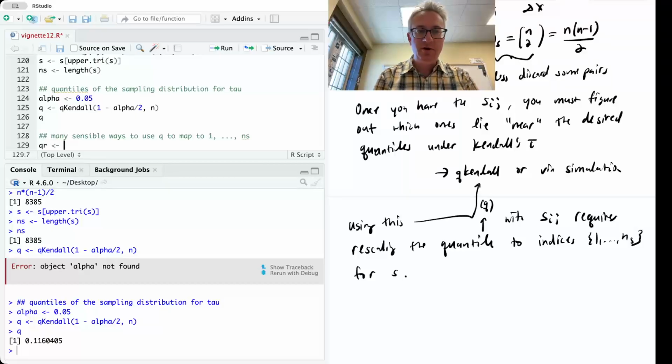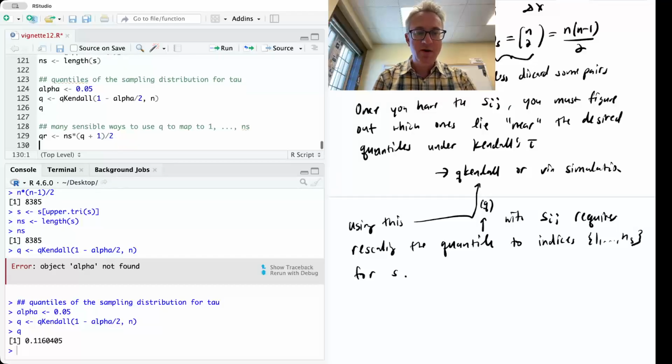The large index, the right one, I get by taking ns and multiplying it by the quantile, but I'm going to add 1 and divide by 2 because my q's go from plus or minus 1, but my indices are only positive. So I'm shifting it up and dividing by 2 to get the right one, and then the left one is ns minus the right one.